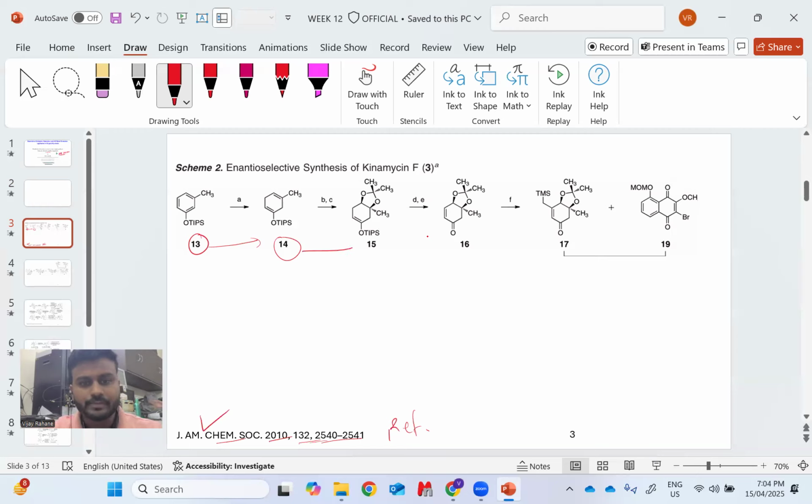Further, from 14 to 15, there is also a group of reagents. So basically, I will directly take the reaction conditions, so that it will be easy for you to understand.